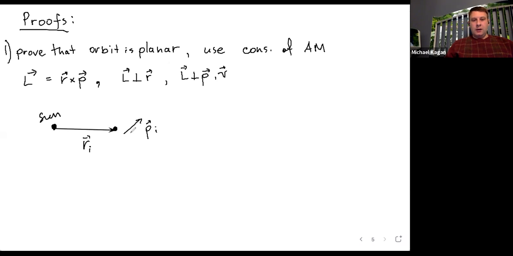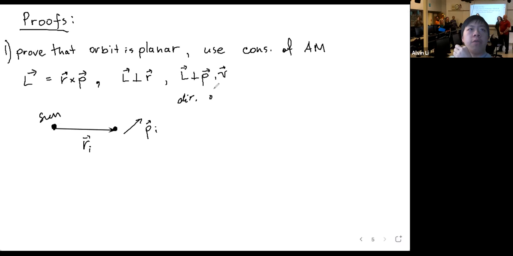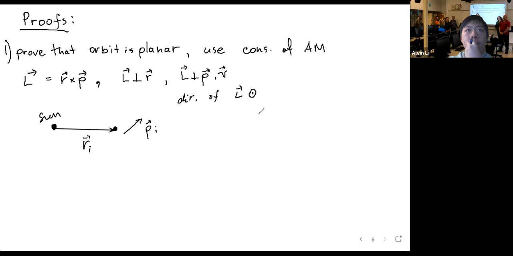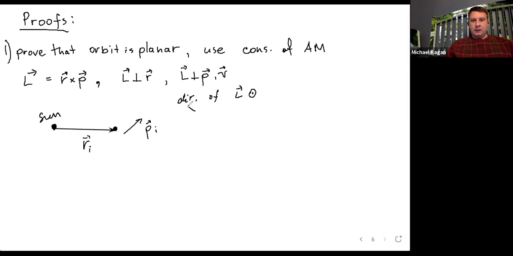Which way is the angular momentum of the planet initially? Which way is it pointing? Out of this screen. Okay, you guys use the right-hand rule, right? So it's out of the page, and the direction is constant. Okay, that means it stays out of the page. Now what does that mean for us?